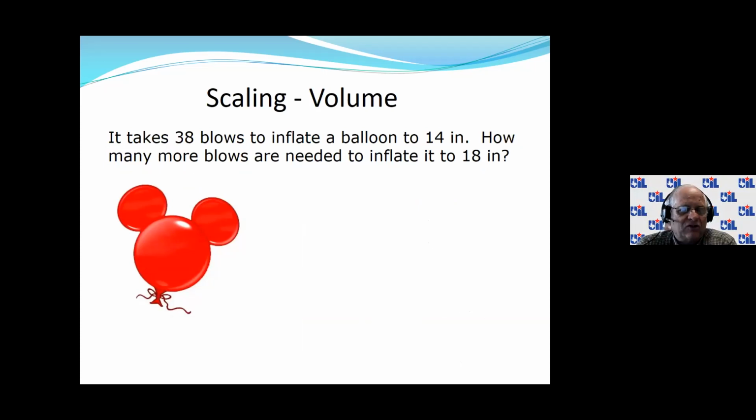It turns out that if you have students that want to brute force a problem like this, because the shape doesn't matter as long as it's the same for each of the states at 14 inches and 18 inches, you could assume a cubic balloon, or you could assume a spherical balloon if you want to.